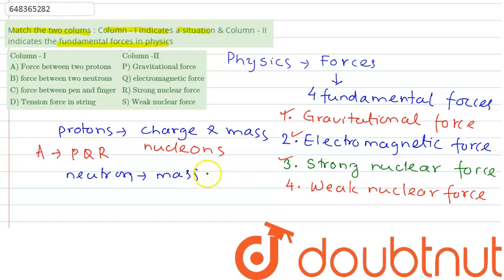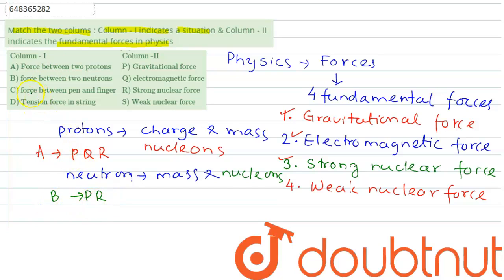So for mass there will be gravitational force, and strong nuclear force between neutrons, that is P and R. This is connected with column 1 of option B.